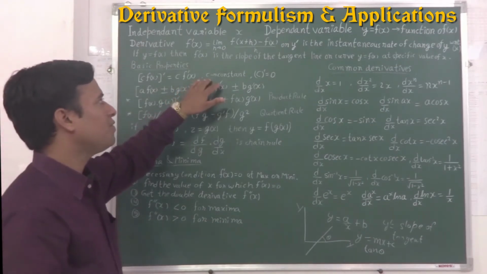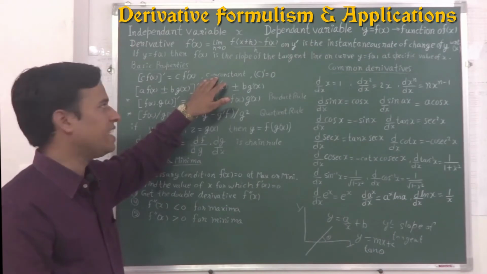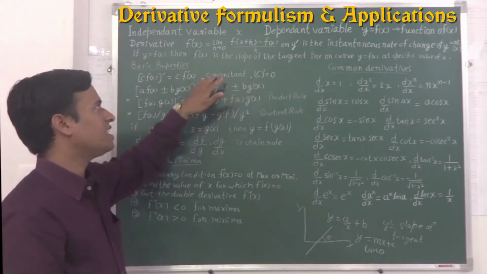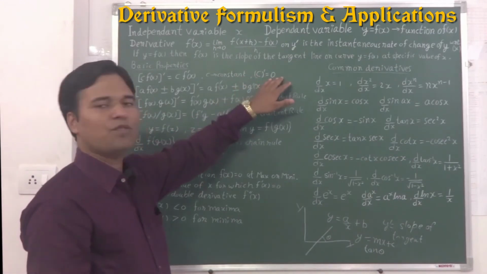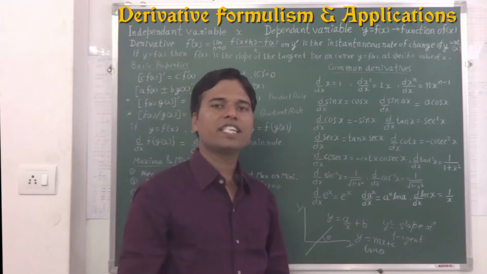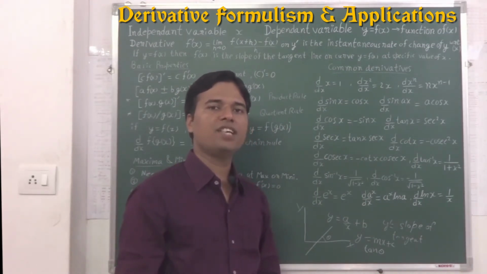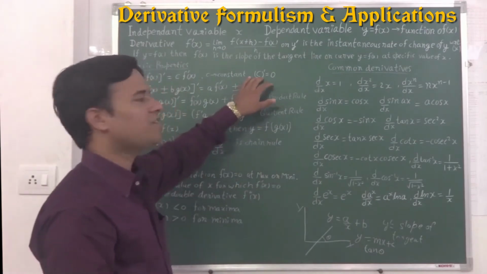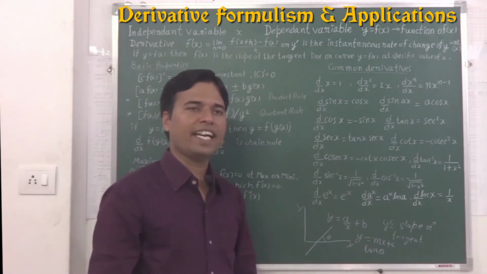If we want to get the derivative of a constant quantity, the derivative with the change in x is equal to 0, because the derivative gives the value of instantaneous rate of change in function, but the constant quantity does not change with the independent quantity x.